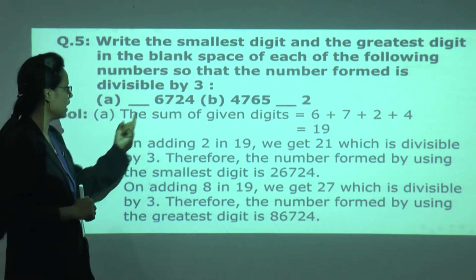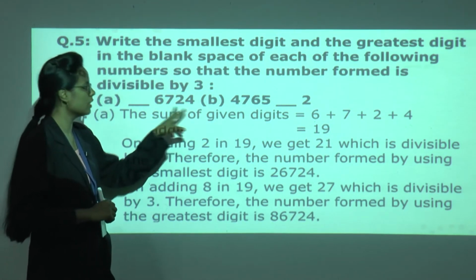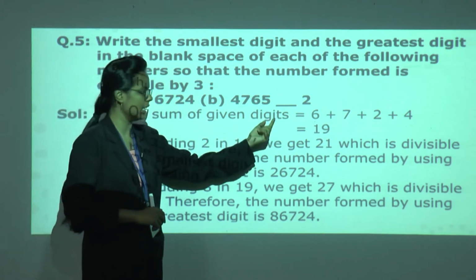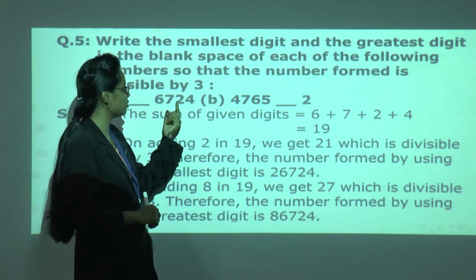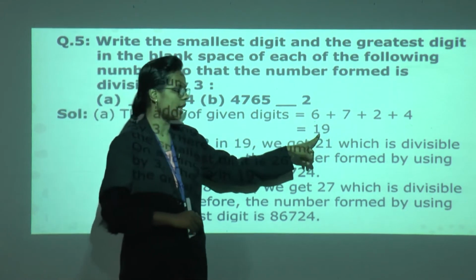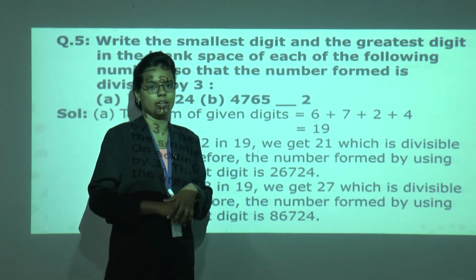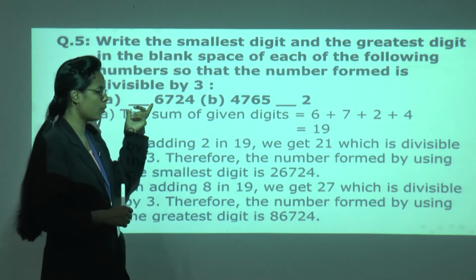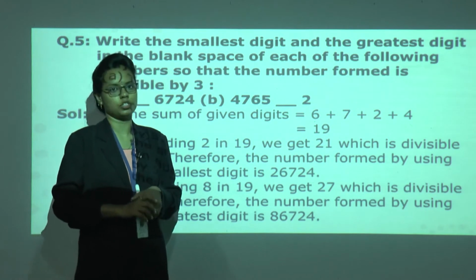Okay, so let us see first the sum of this given number. The sum of the given digits, 6 plus 7 plus 2 plus 4, is 19. Now students, we have to add a digit here. Suppose first we take the smallest digit.